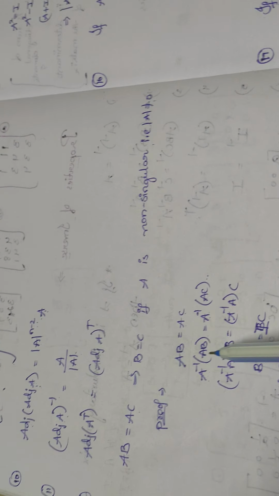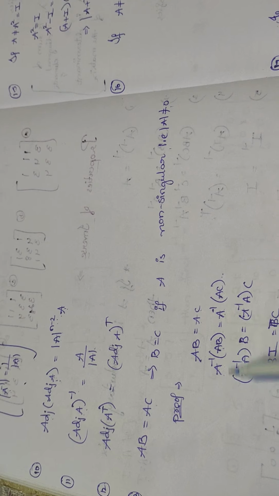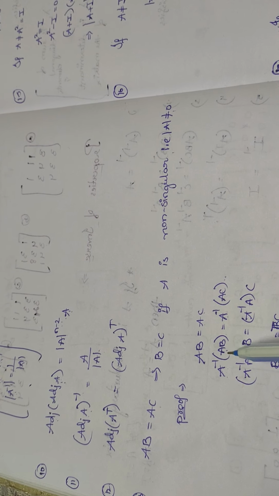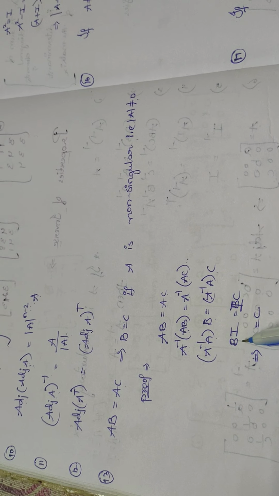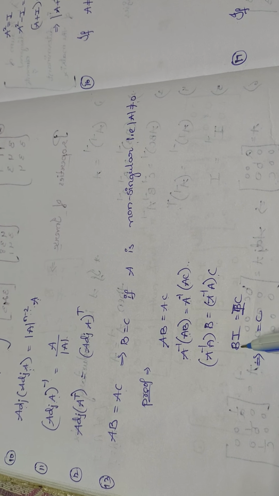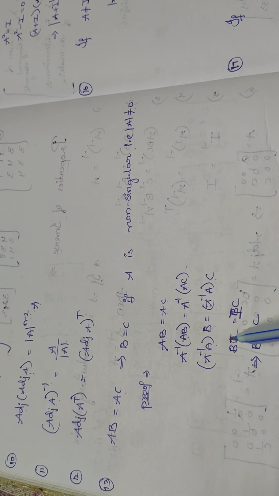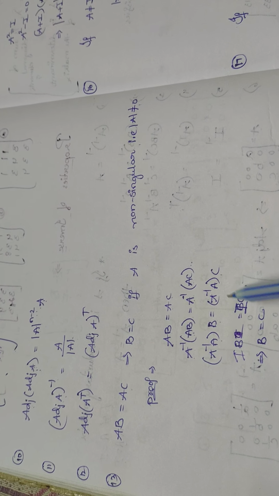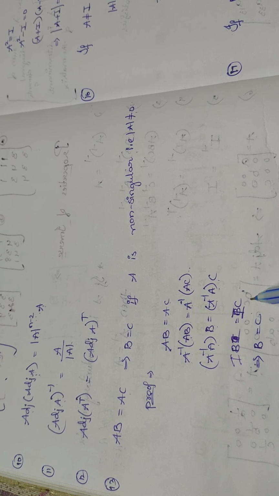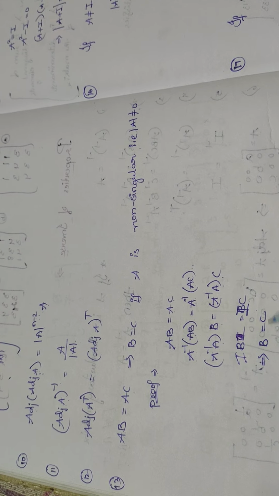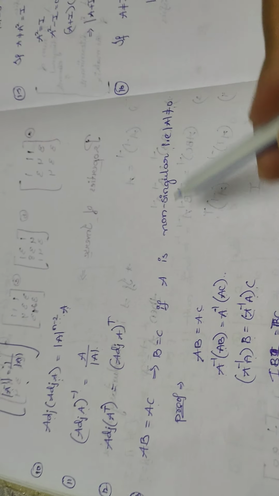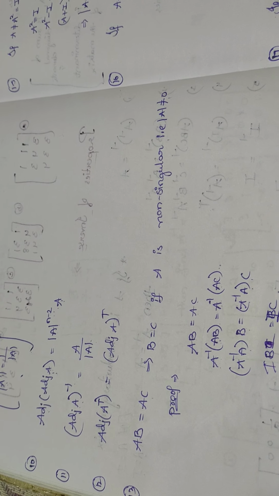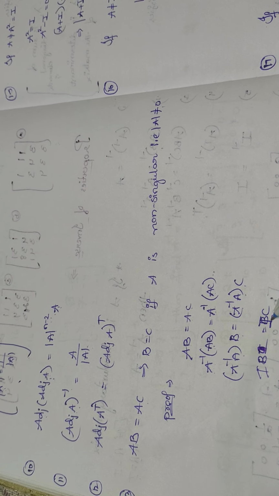Now apply the associative property. A inverse A B is equal to A inverse A C. A inverse into A is equal to I only, so IB is equal to IC. The I's cancel, then B is equal to C. Why can we cancel?